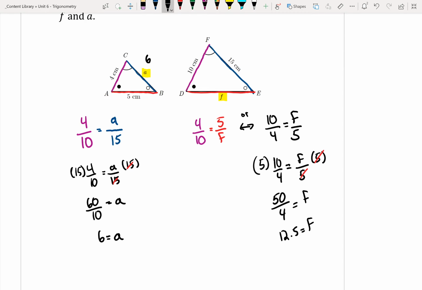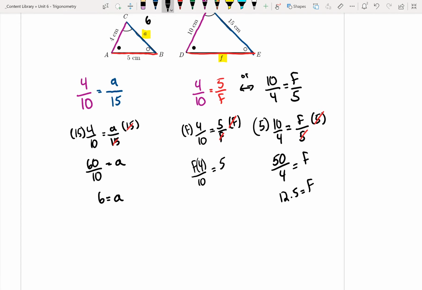Now let's do the same thing on the other side. This one's going to be a little bit trickier. Because I have the f on the bottom, I want to bring that up. So I'm going to multiply by f on the one side, and by f on the other side. Those will cancel out. I have f times 4 divided by 10 equals 5.